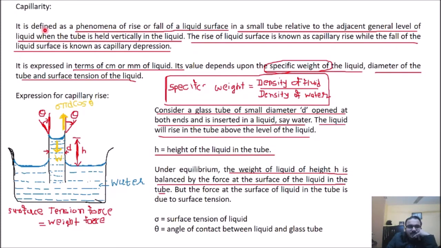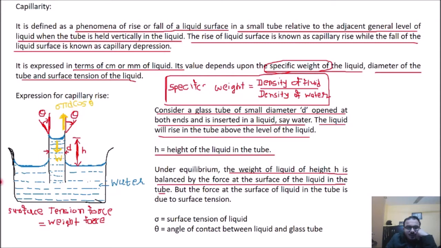Then we discussed capillarity. Capillarity is also related to surface tension. It is a phenomenon of rise or fall of liquid surface in a small tube relative to the adjacent level of liquid when the tube is held vertically in the liquid.